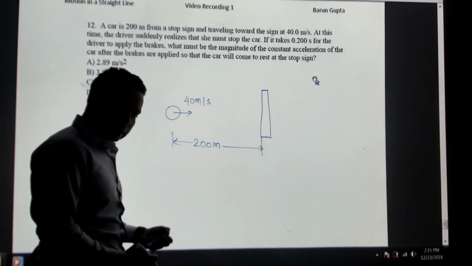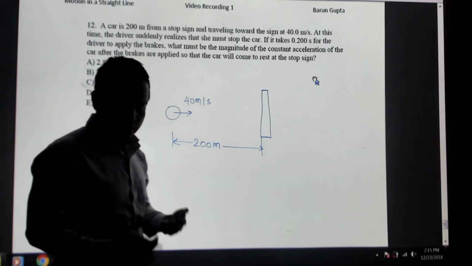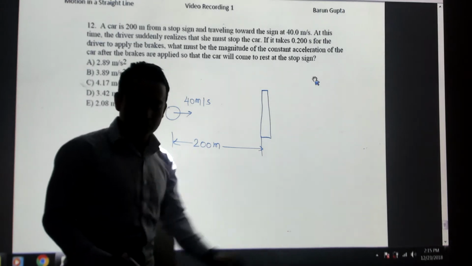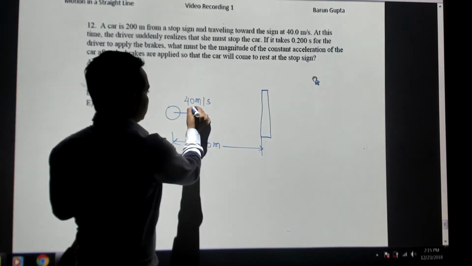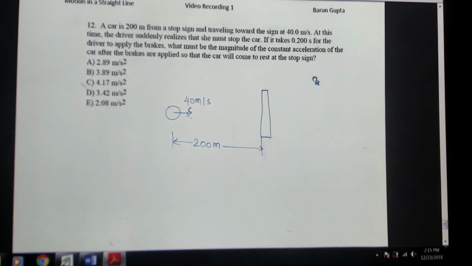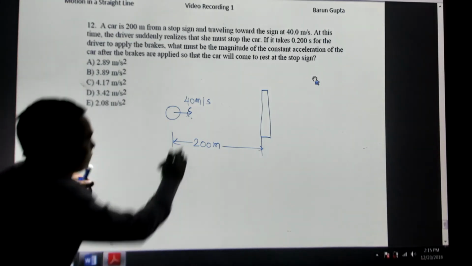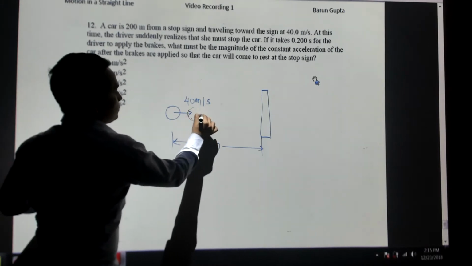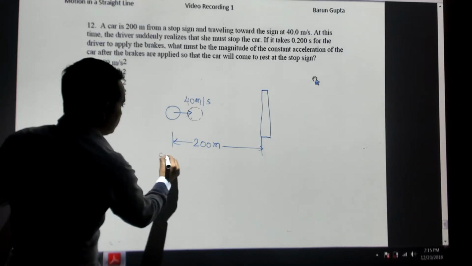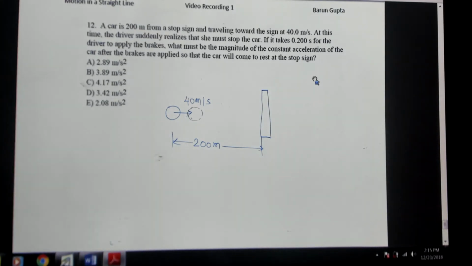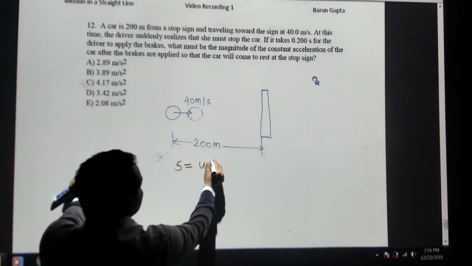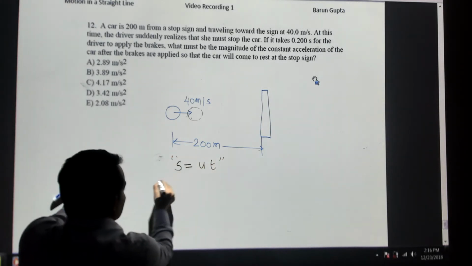First let's find out, in 0.2 seconds, which is her response time, the car has already moved a certain distance. So the car moves to this point in 0.2 seconds. The distance the car moves is u times t.